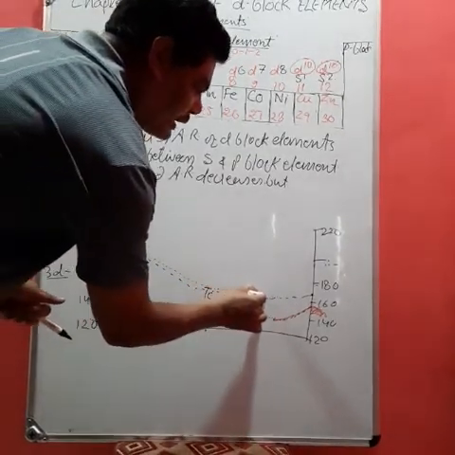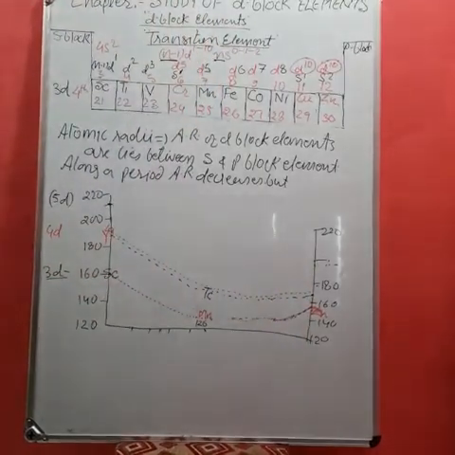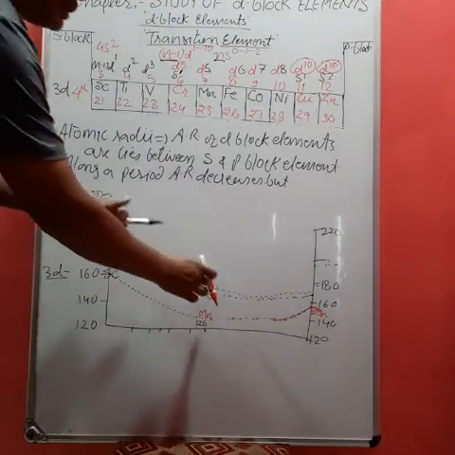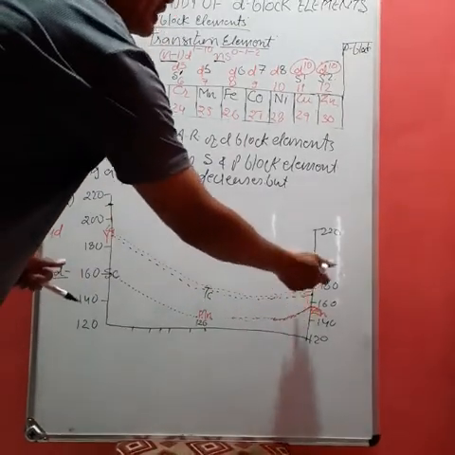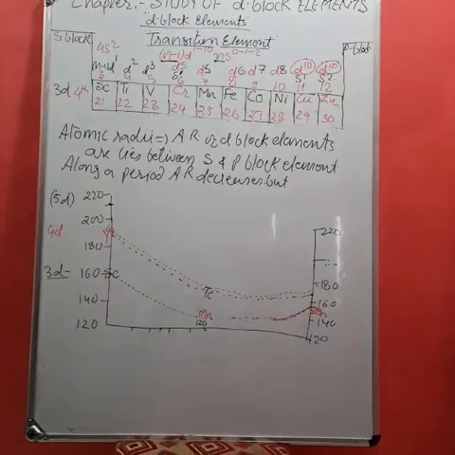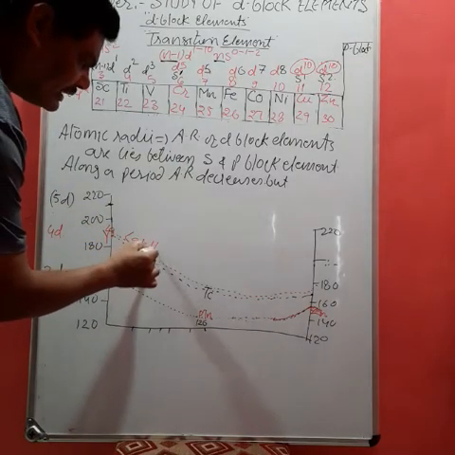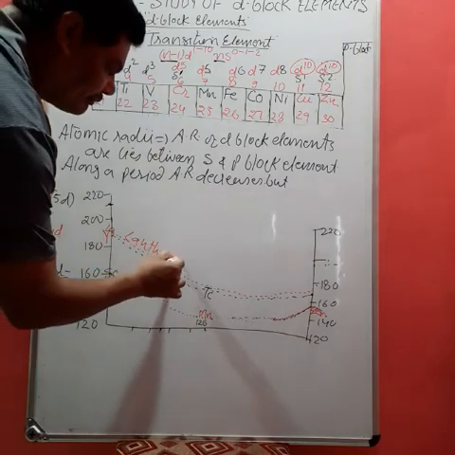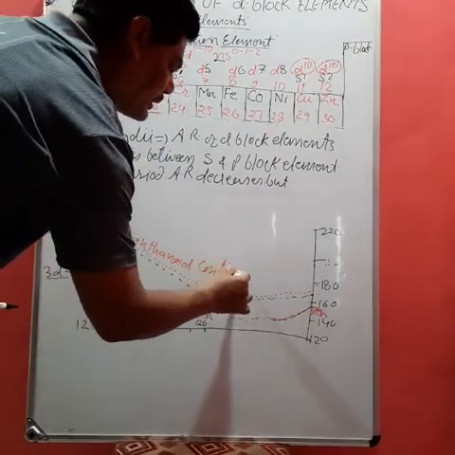That means here you can observe two types of graphs running simultaneously. It first decreases, then becomes almost the same, and then there is a sudden increase in the atomic radii. So this is due to lanthanide contraction. This is a very specific property.